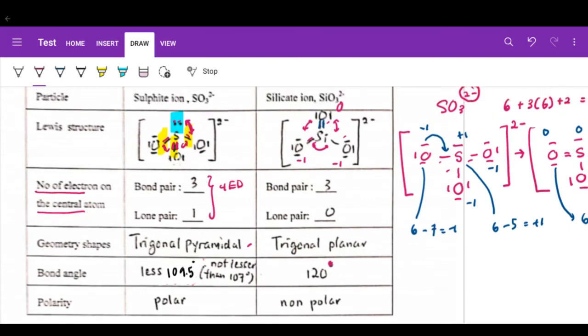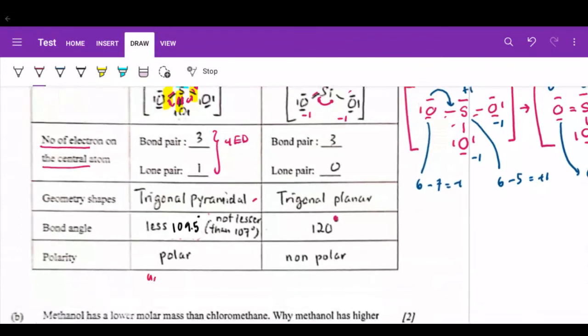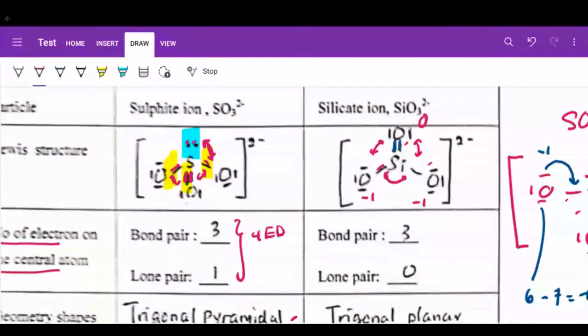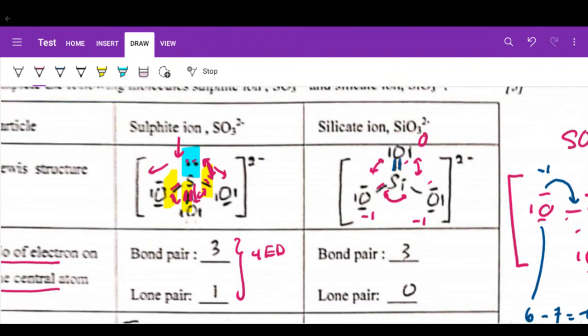Okay, polarity. This is polar. Why polar? Because it is asymmetry. When asymmetry, meaning that the force or electronegativity difference is not equal from the same direction. So in this case, the force is towards oxygen because oxygen is more electronegative, and actually the force is more downwards.